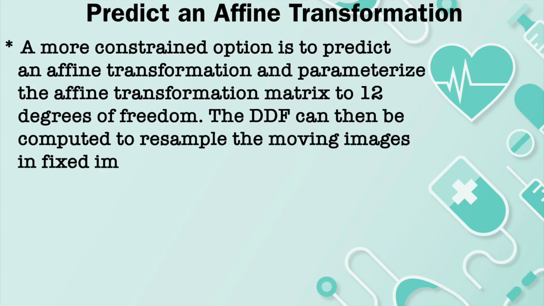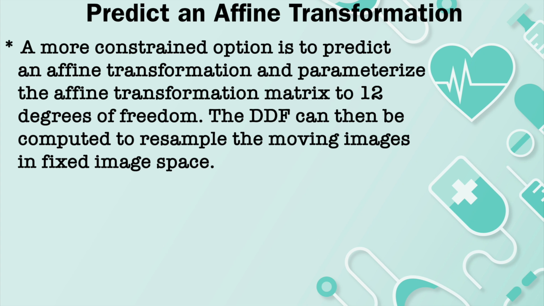Now, predict an affine transformation. A more constrained option is to predict an affine transformation, parameterized as an affine transformation matrix with 12 degrees of freedom.